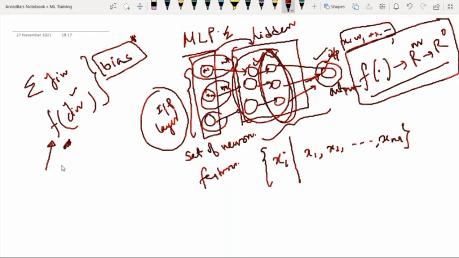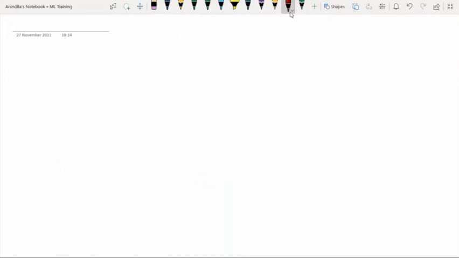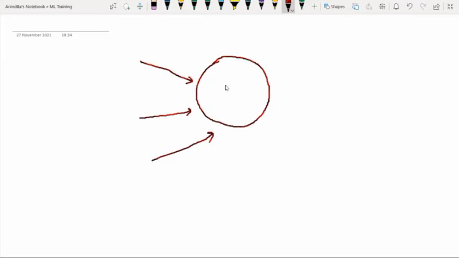Since we are not discussing in detail what kind of activation function we can use, I'm just giving you a very basic overview. Before that, I'm just summarizing what we have concluded so far. Consider this a neuron, and these are the inputs. This can also be one kind of representation that you can find everywhere.